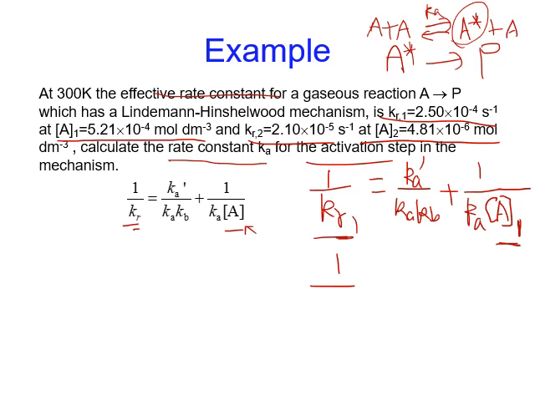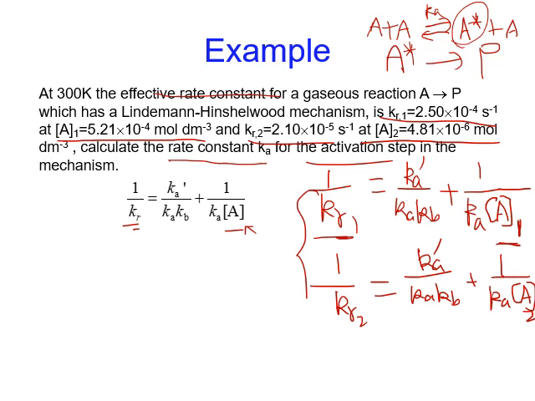If you now change to a different concentration, A2, and measure, the rate constant is 1 over Kr2, and this Ka Kb doesn't change, plus 1 over Ka times 1 over A2.